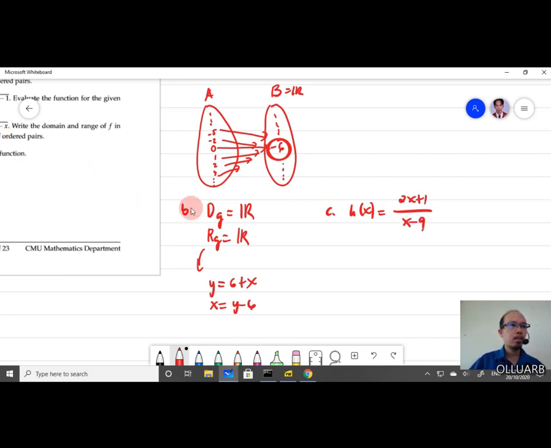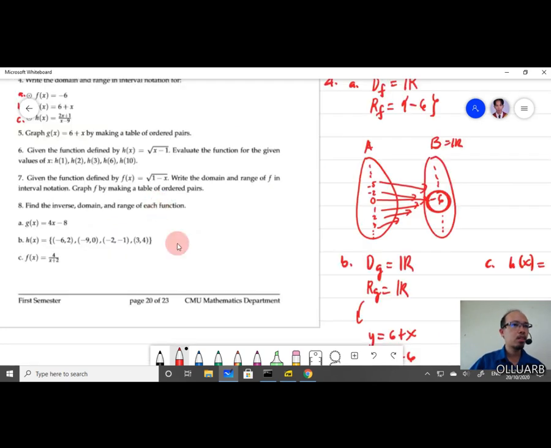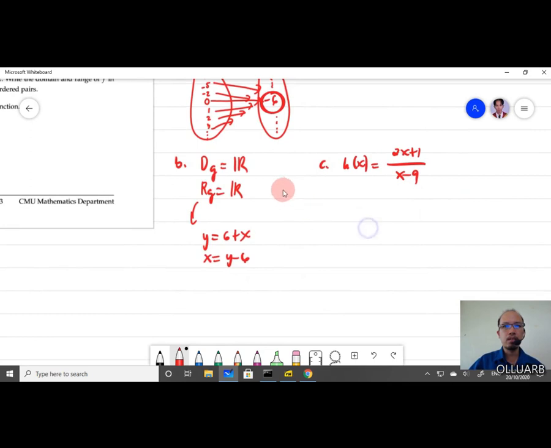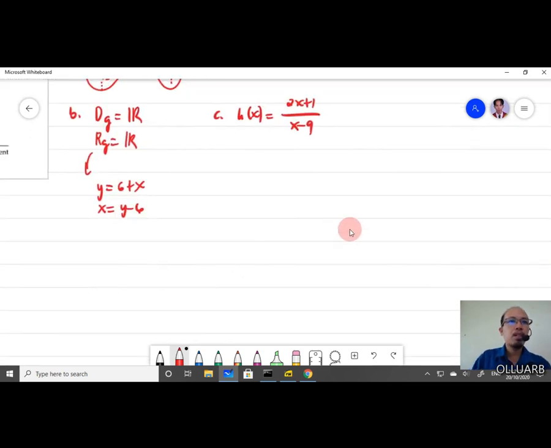Let me check it. 2x plus 1 over x minus 9. Okay, so the domain for this function is the set of real numbers except 9.